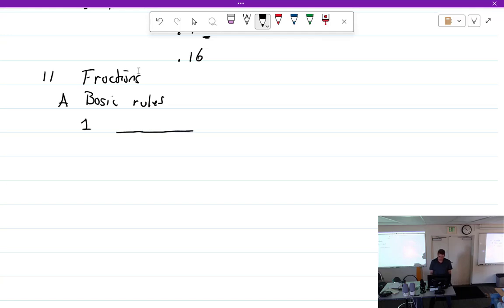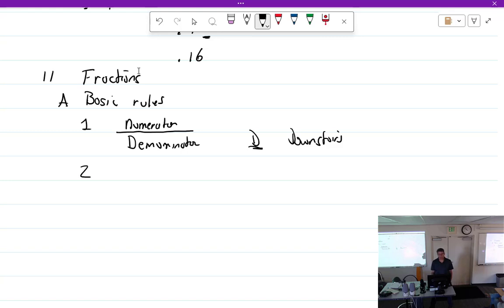The one up top is the numerator, and the one on the bottom is the denominator. Remember that because D is downstairs and N is upstairs.